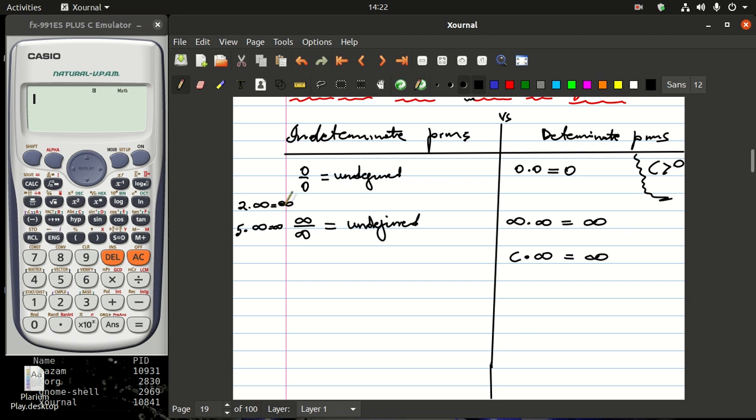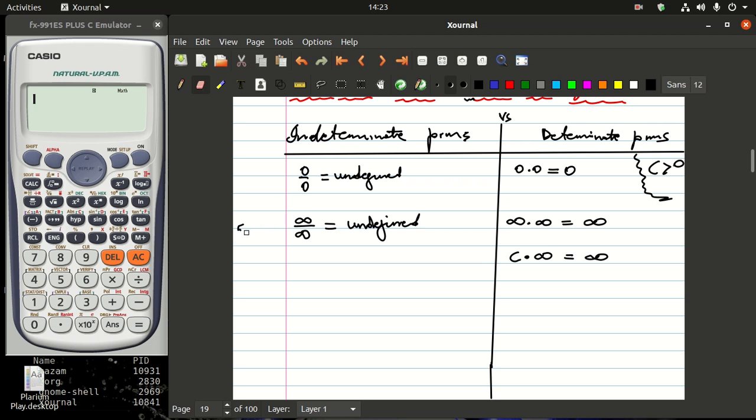Even though these two are infinity, they are not the same. In other words, there are infinities that are bigger than others and those that are smaller than others. That is why we cannot really say that this infinity is the same as that, or this one is less than this infinity. We don't know what is happening, whether this infinity is bigger or this infinity is actually less, or vice versa. That is why this one is actually not defined.